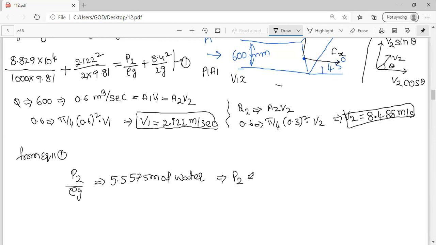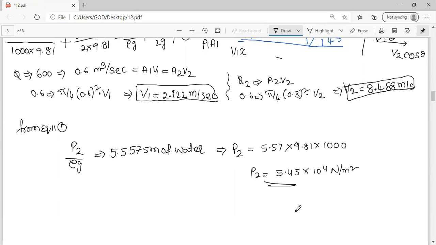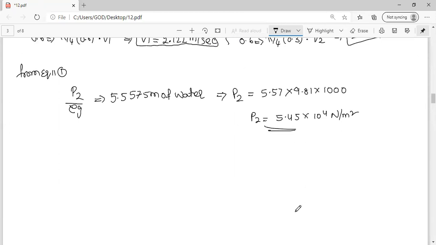P2 is equals to 5.57 into 9.81 into 1000. Then this comes out to be pressure 2 equals 5.45 into 10 to the power of 4 Newton per meter square. I know pressure 2 now.